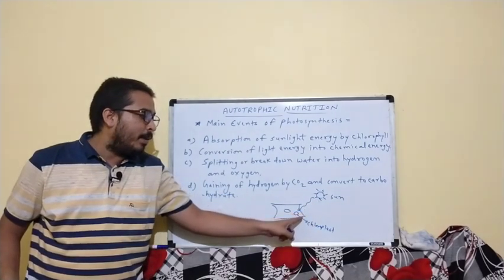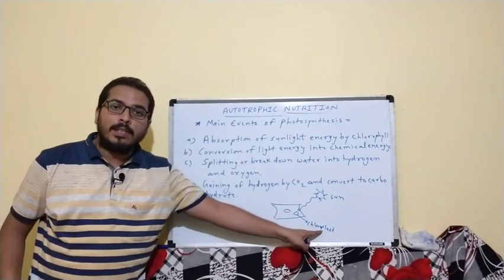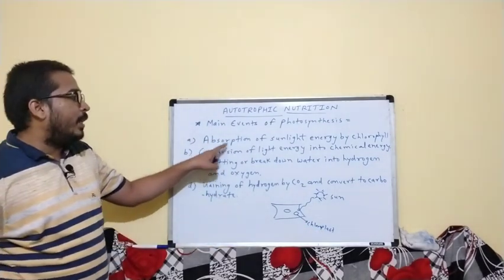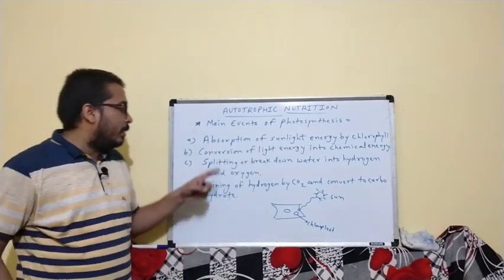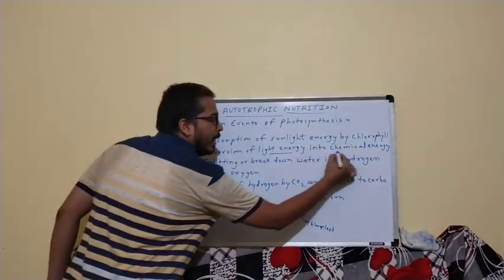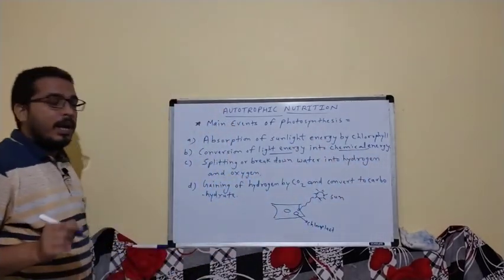This light is captured by what? Chloroplast. And when this energy is captured, this light energy is converted into chemical energy.